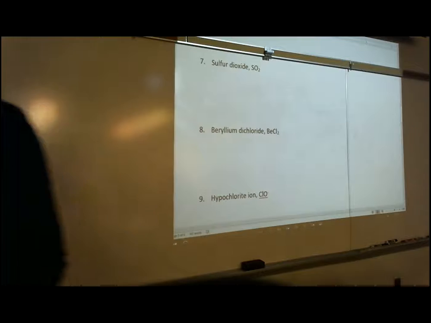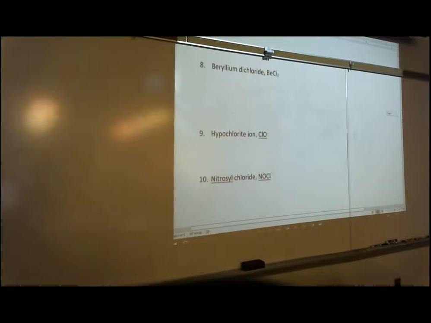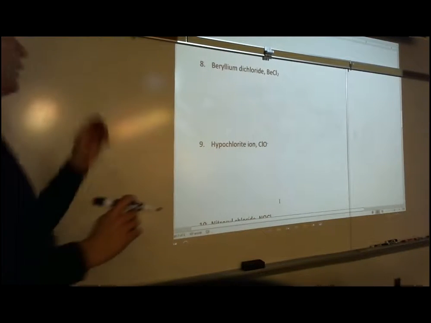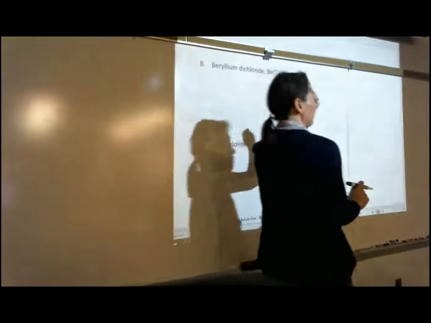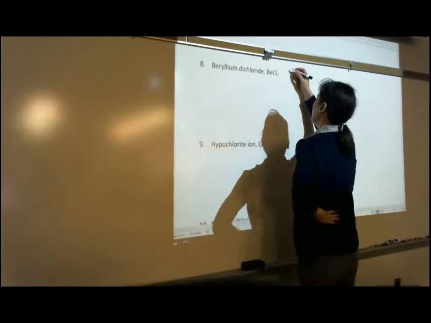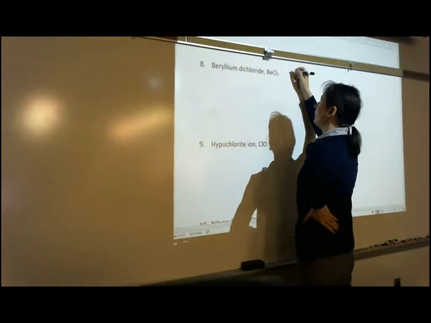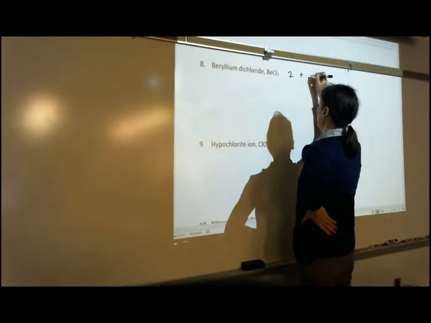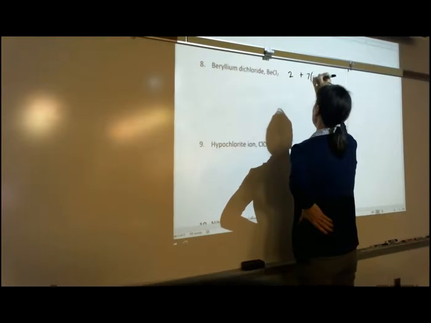Let's look at beryllium dichloride. We can do hypochlorite too, because those are small molecules. Okay, beryllium dichloride. How many valence electrons does beryllium have? Beryllium has how many? 2, and then each chlorine has 7.